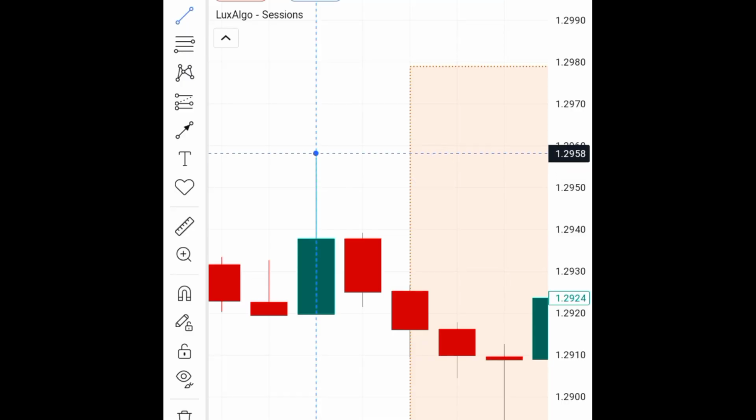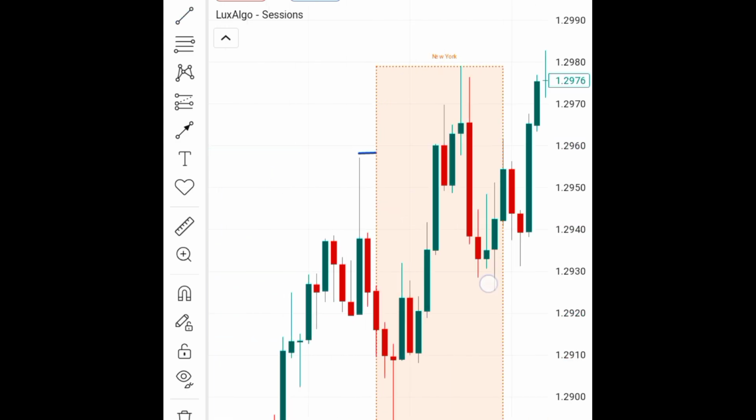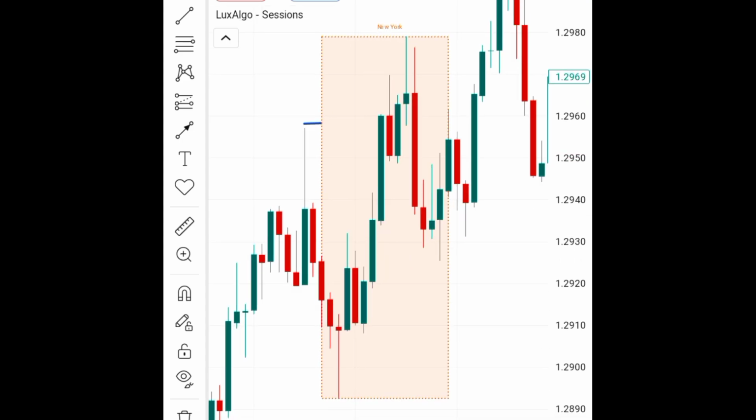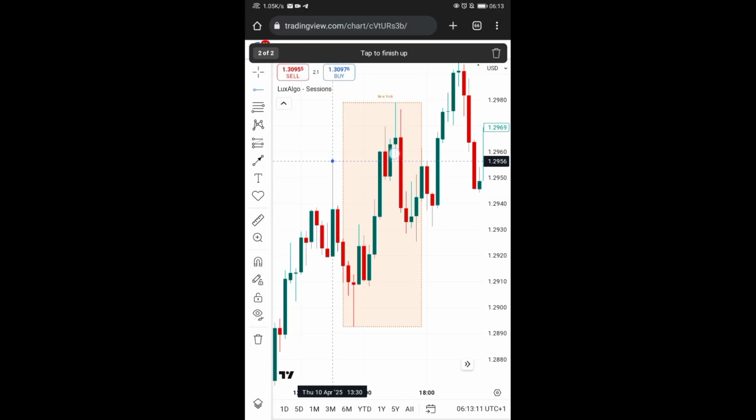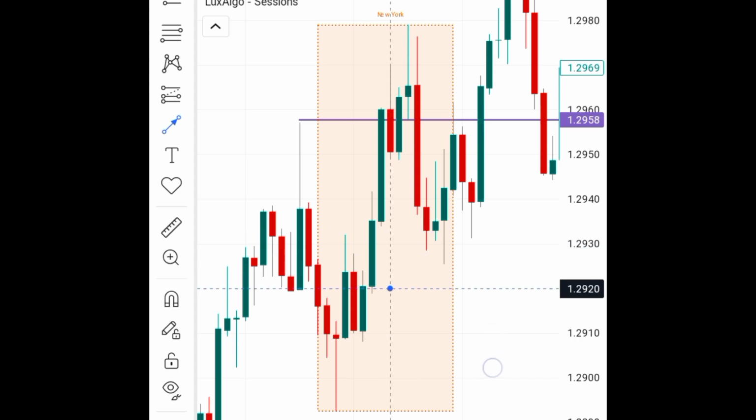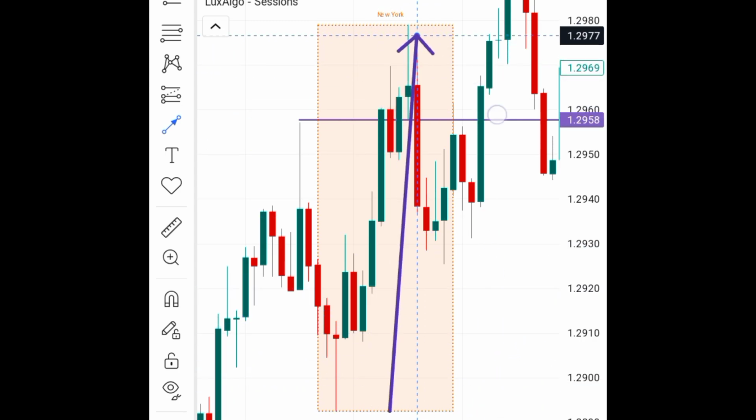Since the trend of this market is bullish, we are only to mark the high. After we are done marking the high, we see that during the London session the market came back and closed above this high.